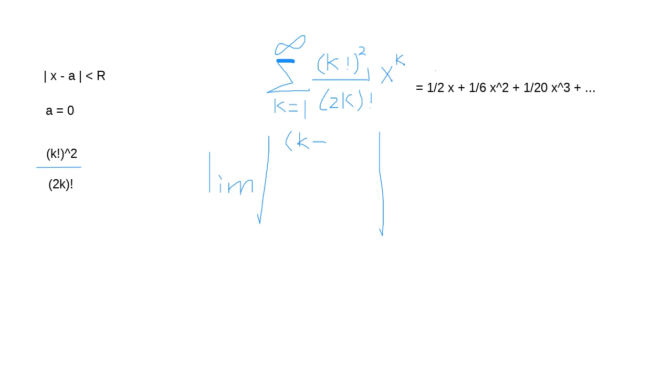So we have k plus 1 factorial square, over x raised by k plus 1. Then divided by 2 times k plus 1.